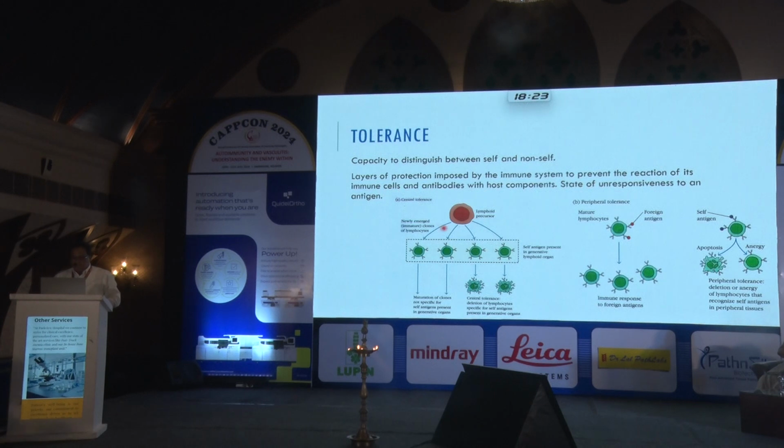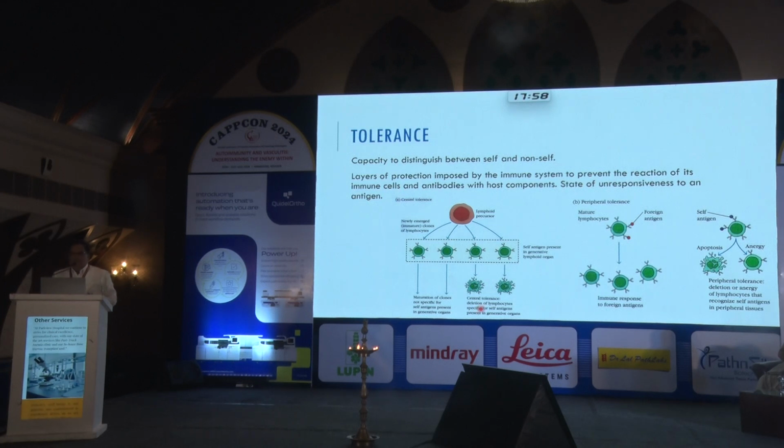So there are the central and the peripheral tolerance mechanisms. We are very familiar with those, so I won't go into detail, but just to be brief, in the thymus, whenever there is a T cell which is strongly reactive to a self-antigen, it's promptly deleted. So the central tolerance is basically the deletion of all the lymphocytes which are specific for self-antigens.